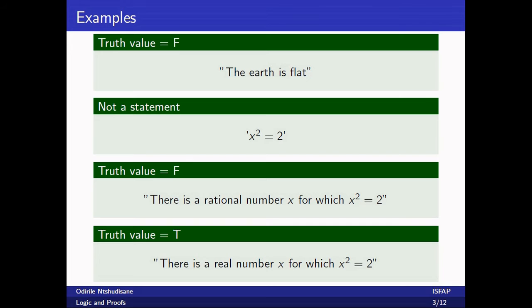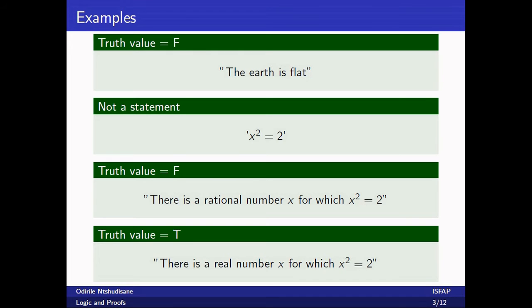And another example is there's a rational number x for which x squared equals 2. So this one has truth value false because there isn't a rational number for which x squared equals 2, and compared to the previous one, it doesn't depend on anything because we did specify a rational number, which, since there is no such rational number, knocks out all rational numbers and leaves us with a truth value of false.